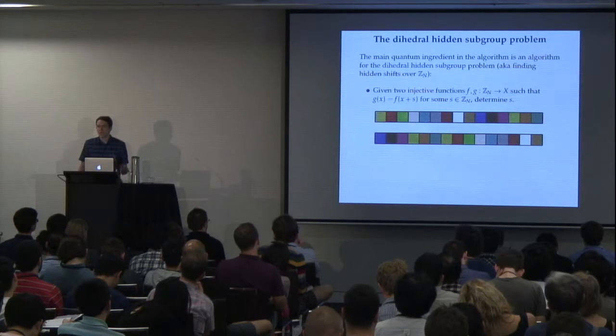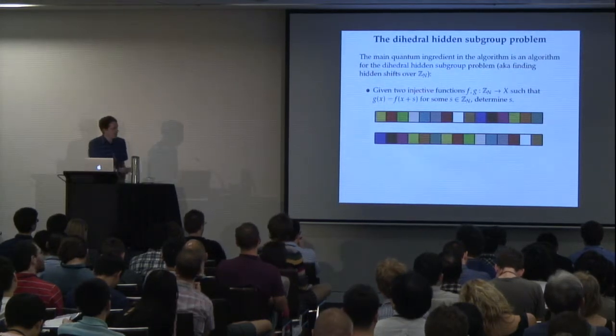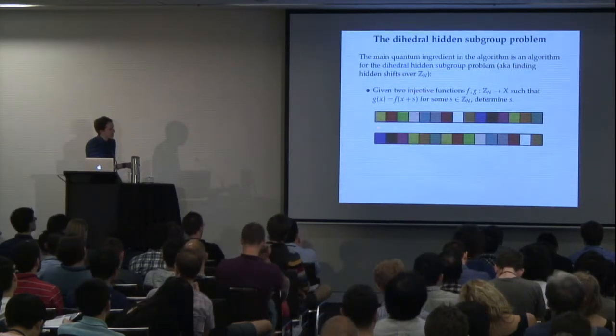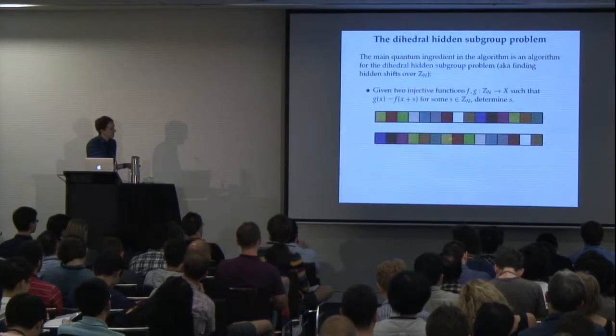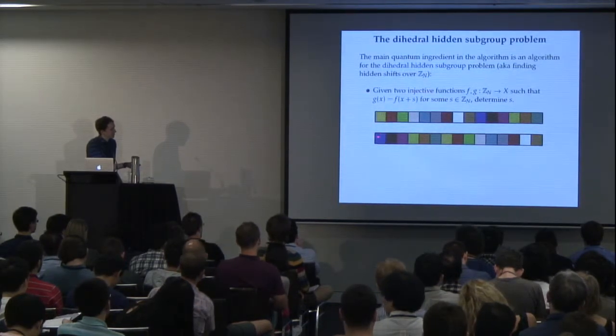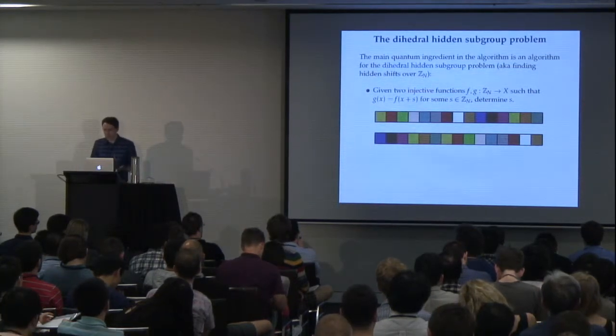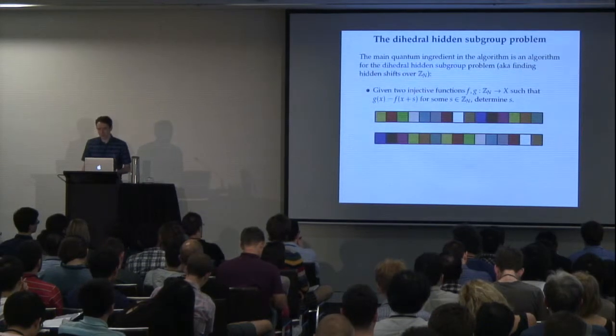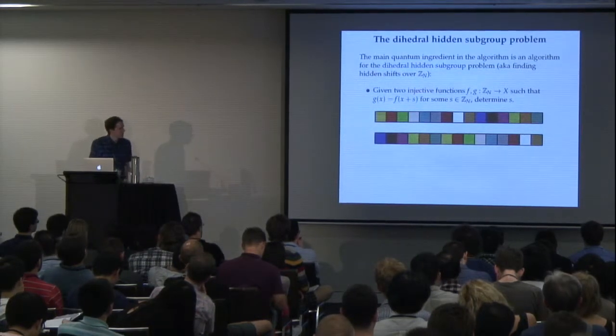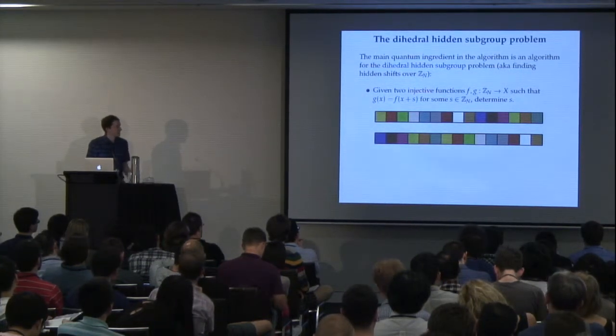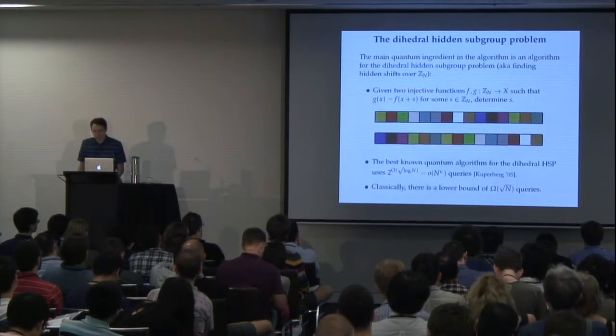And we want to determine what this hidden shift is. So here you can see that this second function is a shift of this first one by 1, 2, 3, 4, 5, 6, I guess. Yeah. So here, we should output 6. Okay, so that's what our task is.